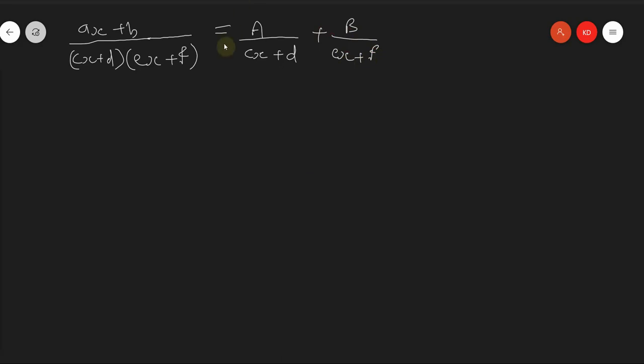So as you can see, a here would just be a constant, likewise the b, and then the denominators for each of these fractions are each linear factor. Okay, now let's just dive into our problem.